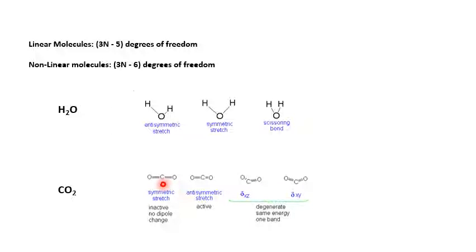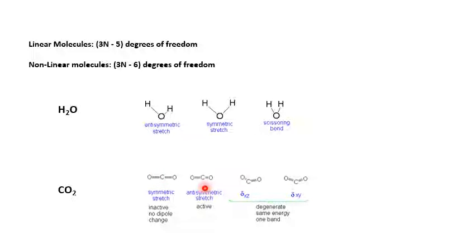Now the symmetrical stretching of carbon dioxide is not IR active, because in this mode there will be no dipole moment change, since you are extending both CO bonds on both sides to an equal extent. So the overall dipole moment will cancel, one side cancelling the other.